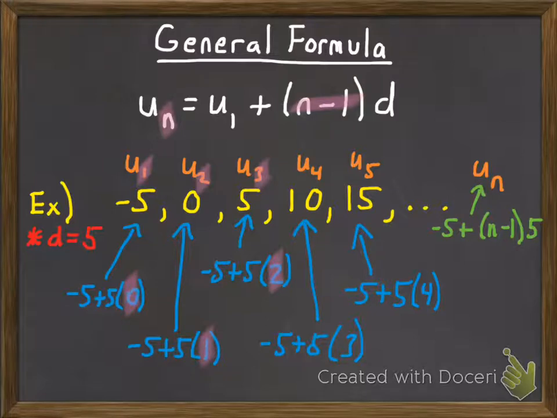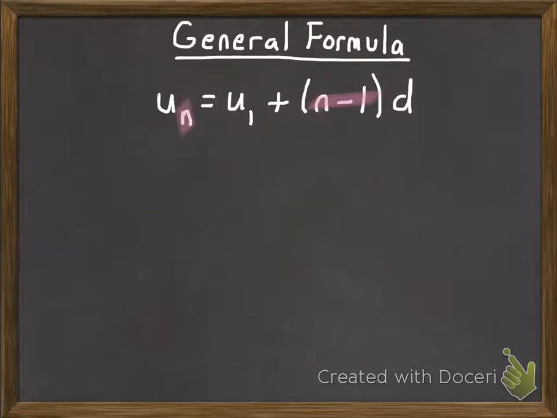All right, I'm going to talk a little bit more about this just to drill something that will become common sense to you in your head. This is what I want to get across to you. Anytime you want to find a term, you always just have to figure out how many times you add the common difference to the first term in order to get that. If you want to find the first term, that's just the first term plus 0 common differences.